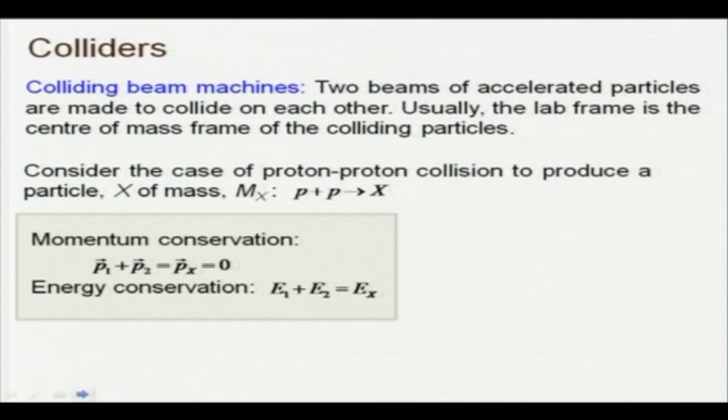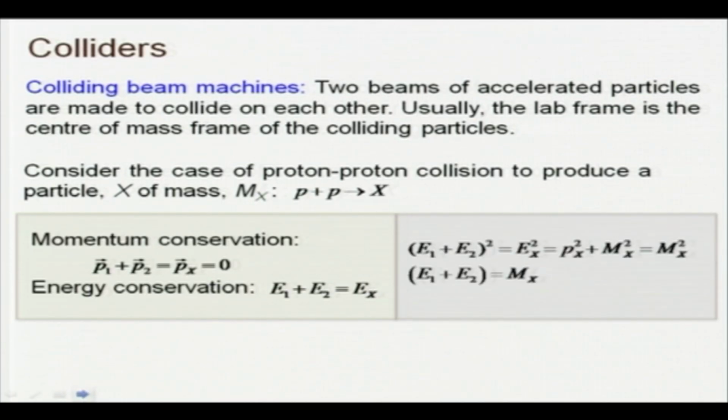Energy conservation will tell you that E1 plus E2 is equal to Ex. Putting this back as in the earlier calculation, (E1 plus E2) square is equal to Ex square, which is equal to Px square plus Mx square, which is equal to Mx square because Px is equal to 0.